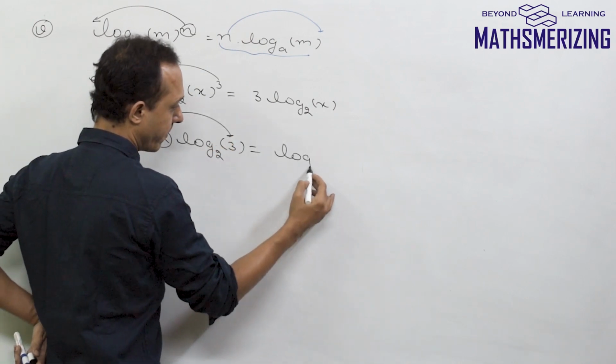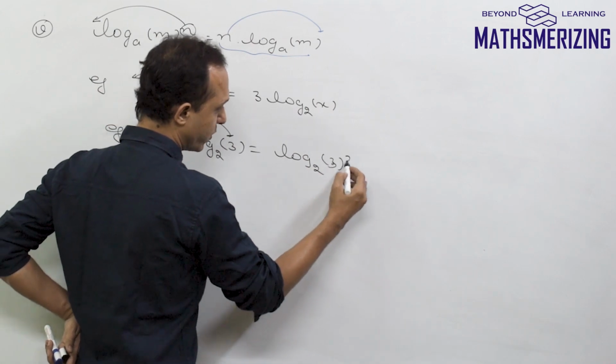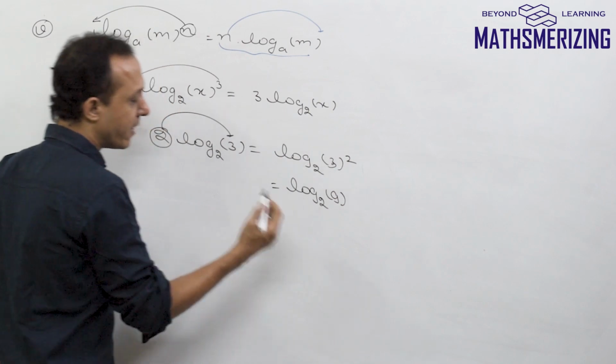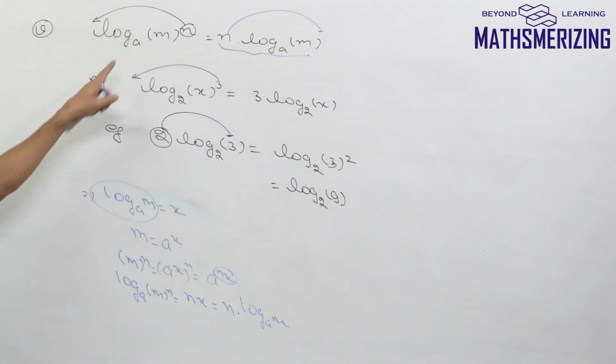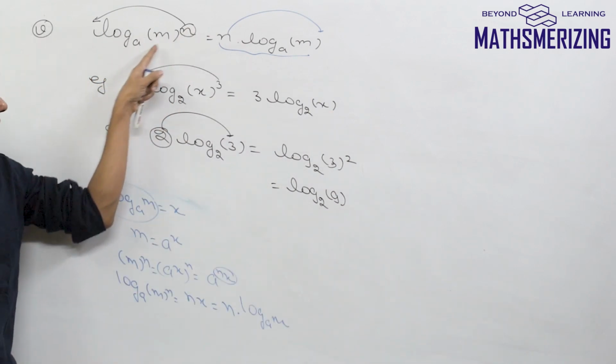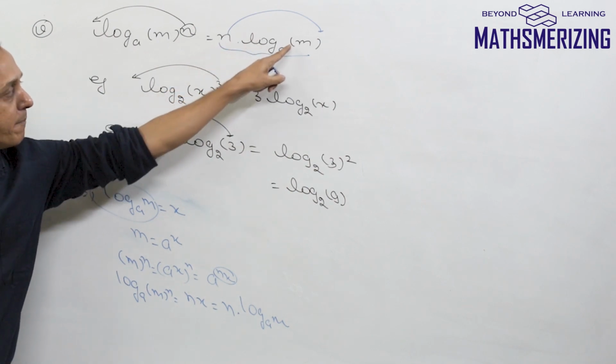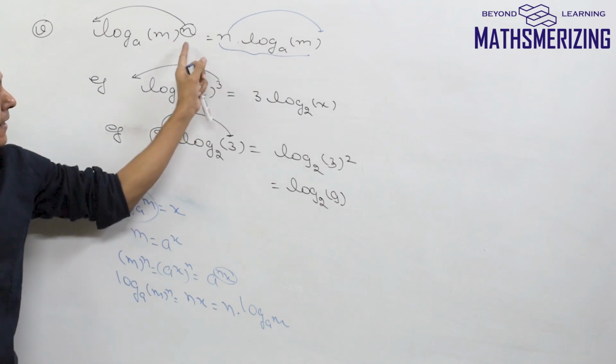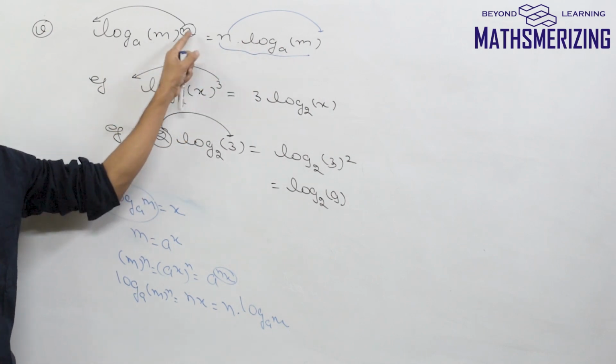I can write it as log 2 of 3 squared, which is log 9 base 2. So if I have log m to the power n base a, I can write it as n log m to the base a, or if I have n log m to the base a, I can write it as log base a of m to the power n.